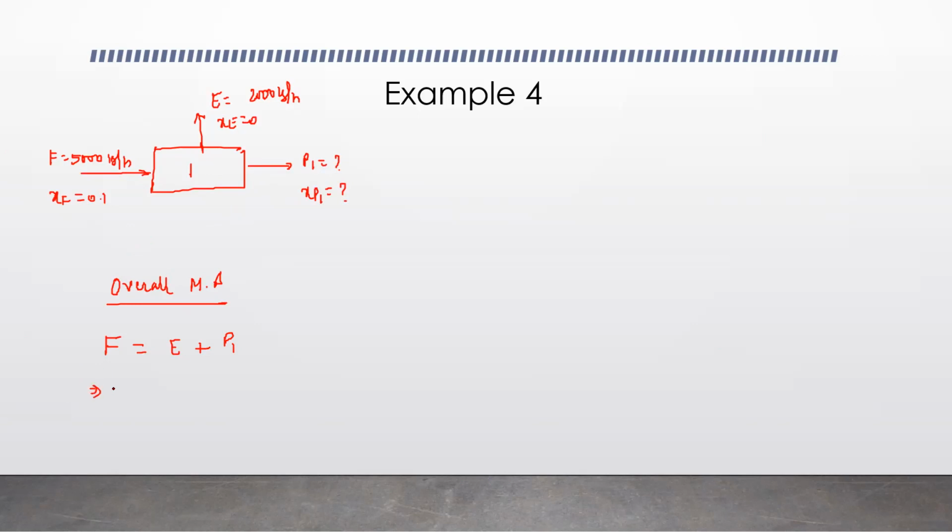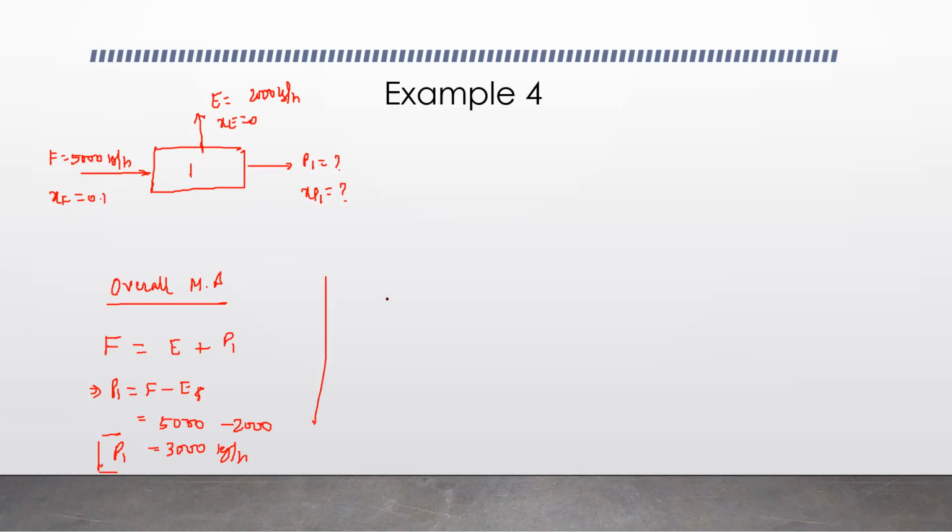So we get P1 is equal to F minus E, that is 5000 minus 2000, that is 3000 kg per hour. This is P1.